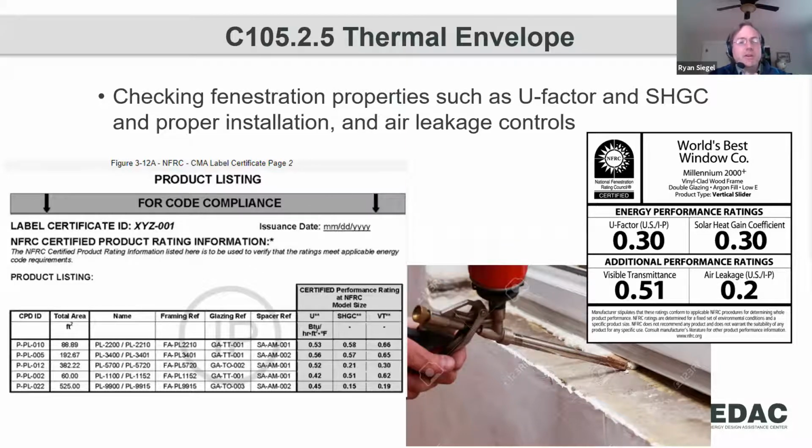So here on the left, we see what may be used for a site-built product, where the specific product is rated based on the particular installation, and then that information may be provided to the code official, as opposed to what you may be familiar with on more residential grade windows or factory built windows, where you'll just have that NFRC sticker.